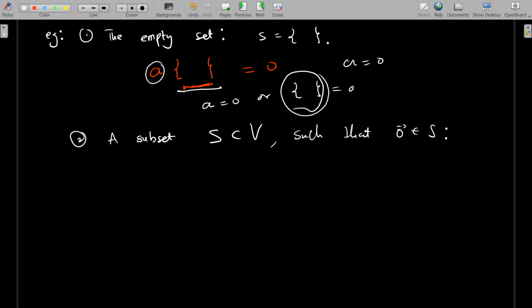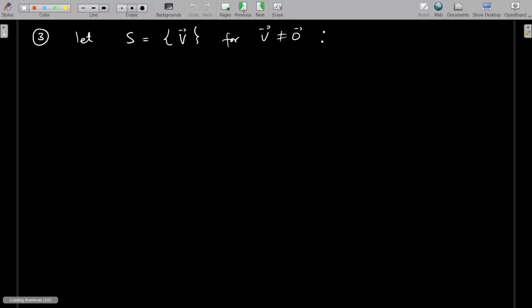So the empty set here is linearly independent. And this is the argument, because if you pick nothing, the only scalar you're supposed to multiply to nothing so that you get 0 is 0.